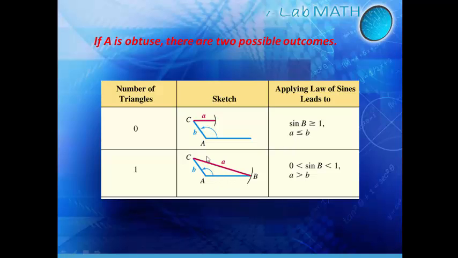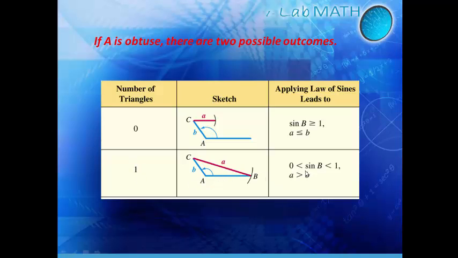Supposedly, with angle A obtuse, and you have a shorter side, when you have the biggest angle, you should have the longest side opposite to that angle. So this one, we have one triangle formed.